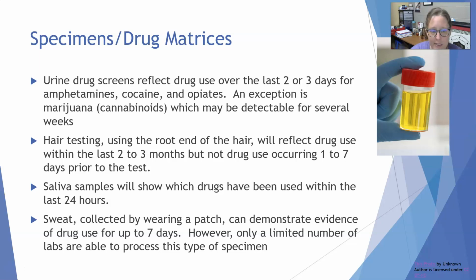Saliva samples will show which drugs have been used within the last 24 hours. And sweat collected by wearing a patch can demonstrate evidence of drug use for up to 7 days. However, again, only a limited number of labs are able to do sweat testing. So urine and probably hair would be the two most used types of samples for drug testing, for the various reasons we've already outlined.